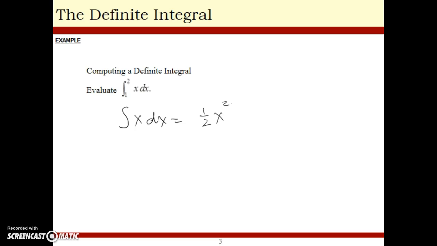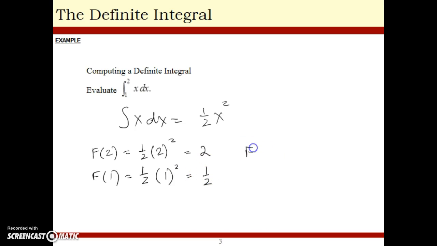And so now we need to plug in f of 2, which is 1/2 times 2 squared, which is 4 over 2, which is 2. And then we're going to find f of 1, 1/2 times 1 squared, which is 1/2.